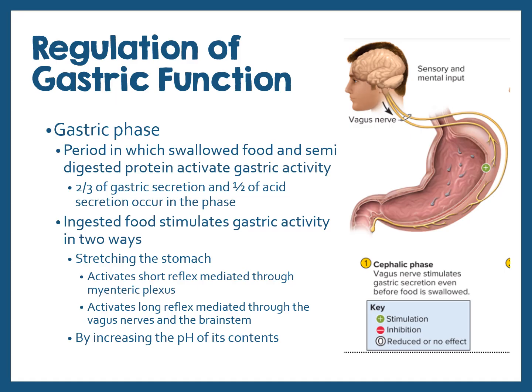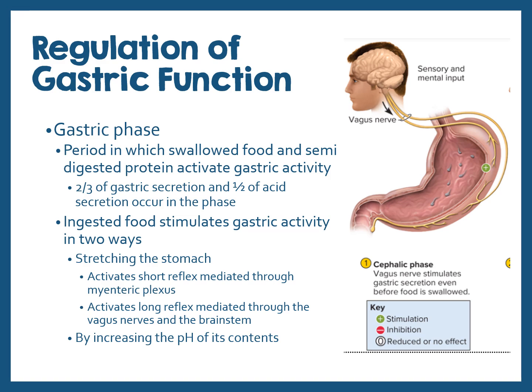In this period, the food is also then swallowed, and semi-digested proteins will also start to activate gastric activity in the stomach. About 2/3 of the gastric secretions is going to occur during this phase, and about half of the acid secretion in the stomach is going to happen at this phase.